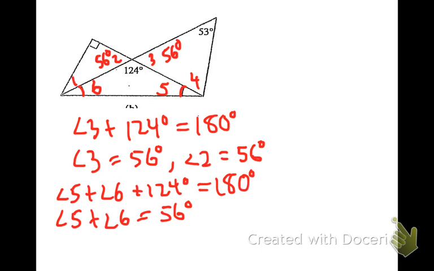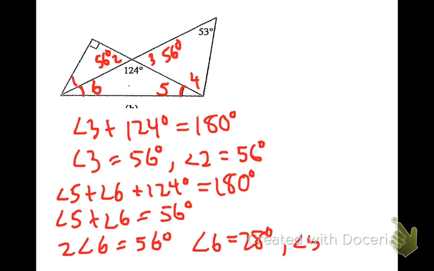And since angle 5 and angle 6 are the same, we could say 2 times angle 6 equals 56. Angle 6 equals 28. And if angle 6 equals 28, angle 5 equals 28. All right. So now we've got 5 and 6. They're 28 apiece.